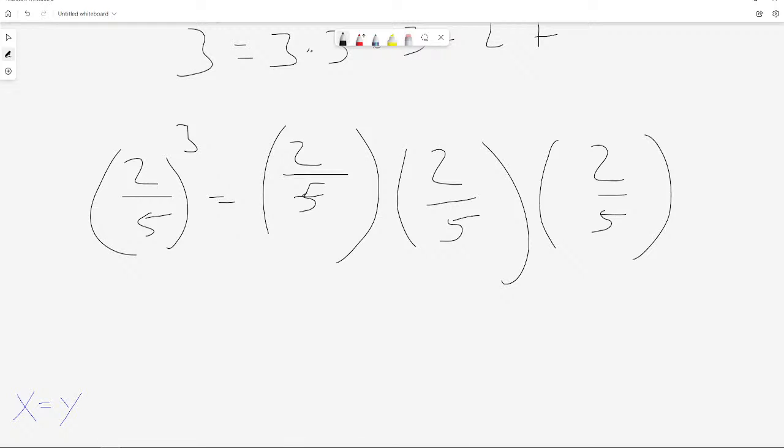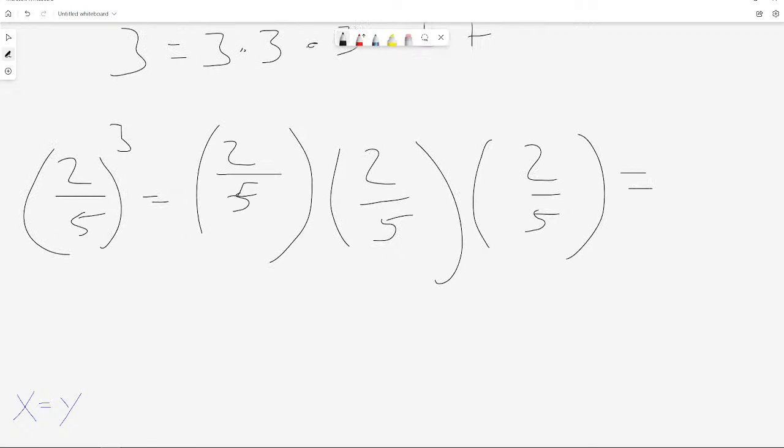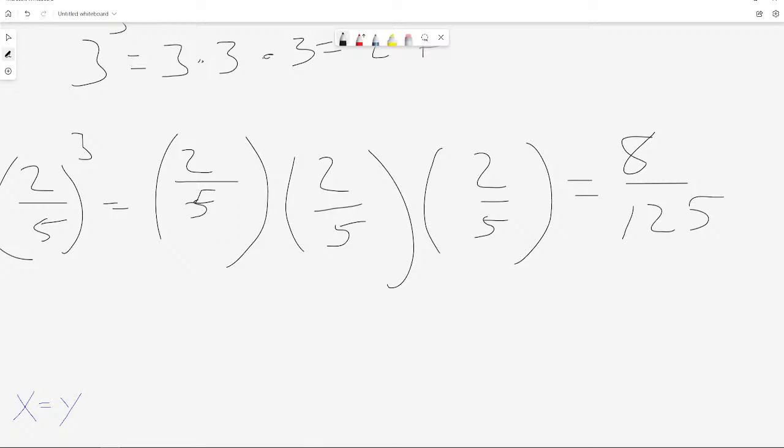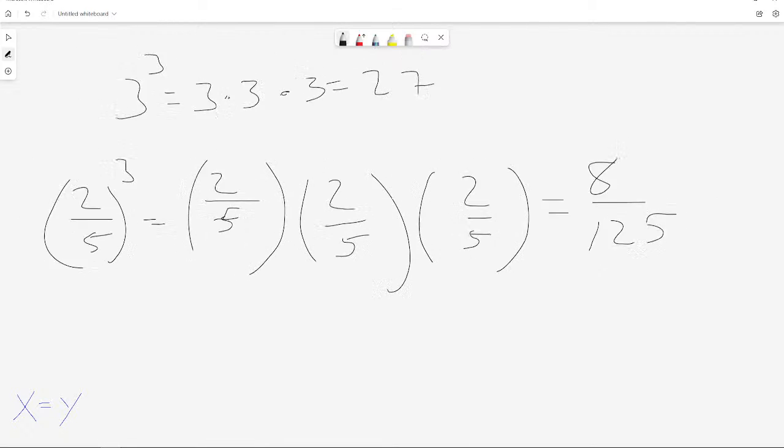This is multiplication, so 2 times 2 is 4, times 2 is 8. And then 5 times 5 times 5. So 5 times 5 is 25, times 5 is 125. So not only do you know what 2/5 cubed is, 8/125, you also know that 2 cubed is 8 and 5 cubed is 125.